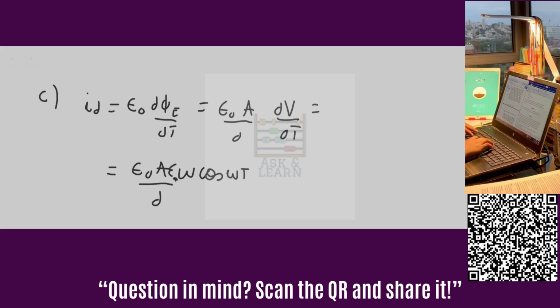And we want to know what is the distance, so we can pick any instant of time. We can pick the instant of zero, so we have the maximum value.